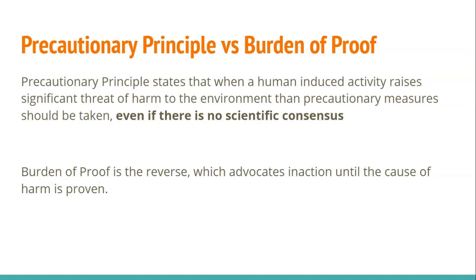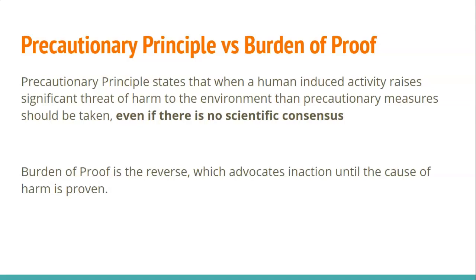At this point, 97% of scientists agree that global warming is man made. But because that number is not 100%, there will always be people saying, well, not everyone thinks it's man made. So the precautionary principle is the idea that even though there's not a 100% scientific consensus, because there's a significant threat, we should be taking measures to prevent it.